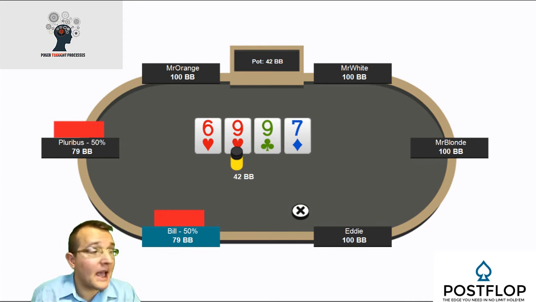He does check to me again, which I believe he should do with all of his hands. My GTO reply is to check most of my marginal hands which have equity, and to bet with my value hands and a few drawing hands.